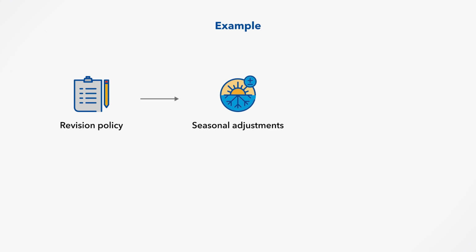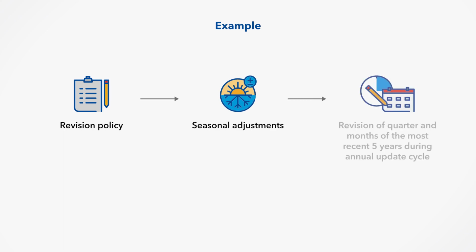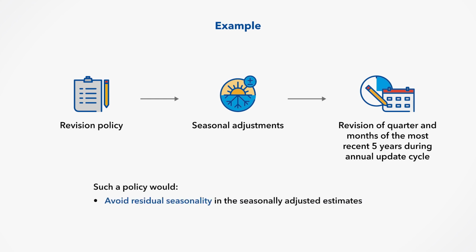For example, a revision policy might allow for the seasonal adjustment to be revised for the quarters or months of the most recent 5 years during each annual update cycle. Such a policy would avoid residual seasonality in the seasonally adjusted estimates, while also avoiding small inconsequential revisions to the estimates for earlier years.